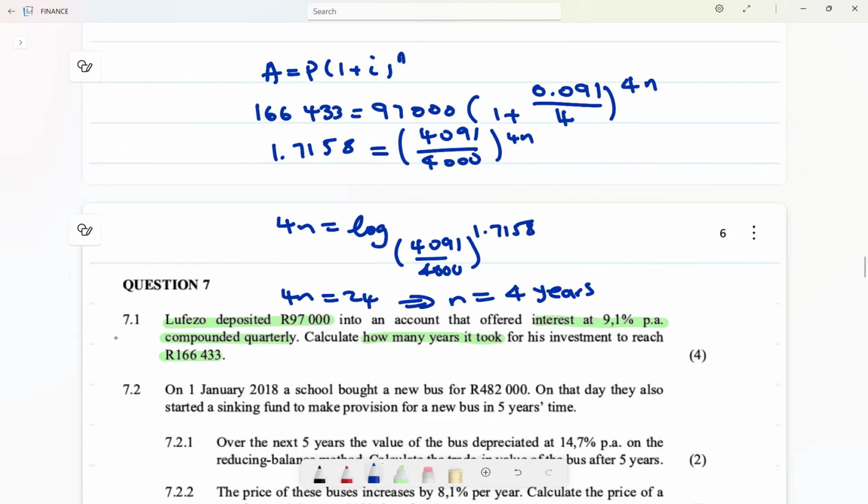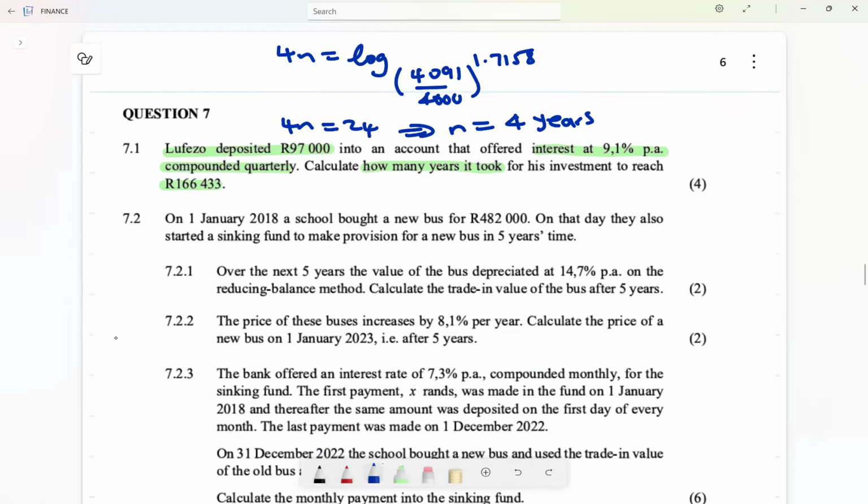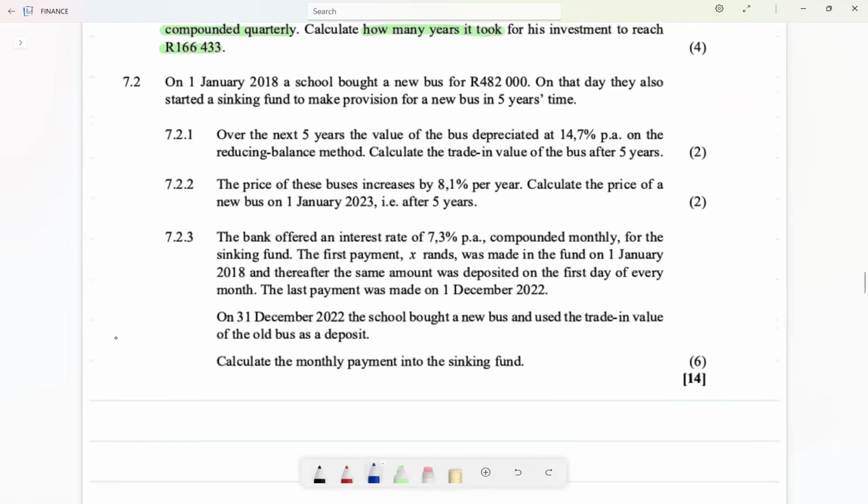Similarly, if you did not include the 4 here and it was just n, you're going to get 24, but you needed to divide that 24 by 4. This is what I want you to take note of. I can move on now.